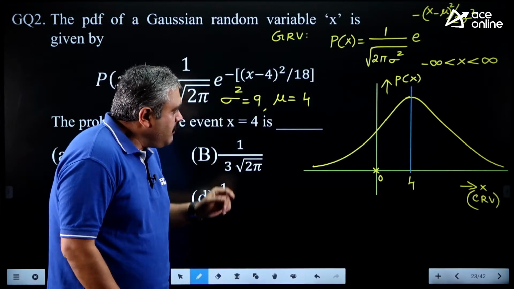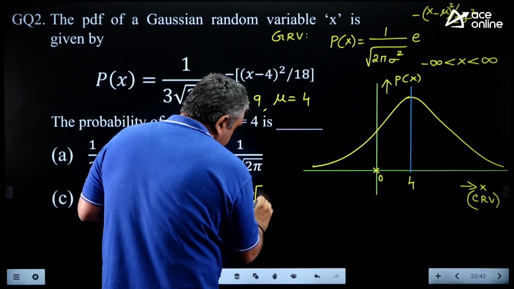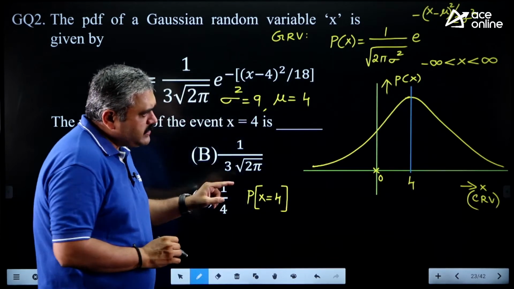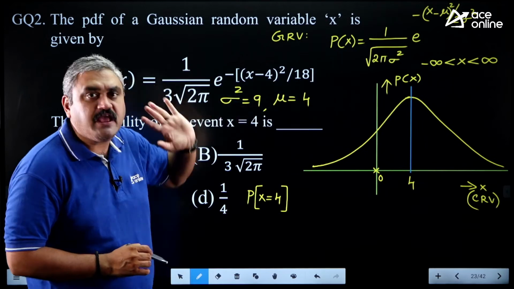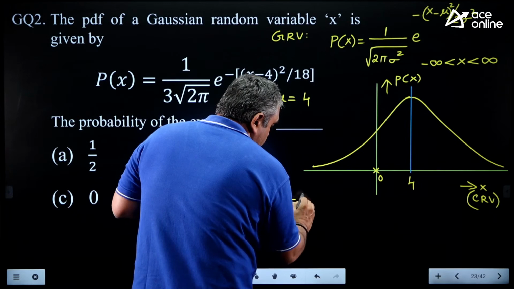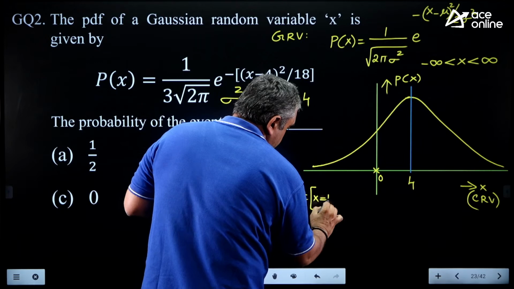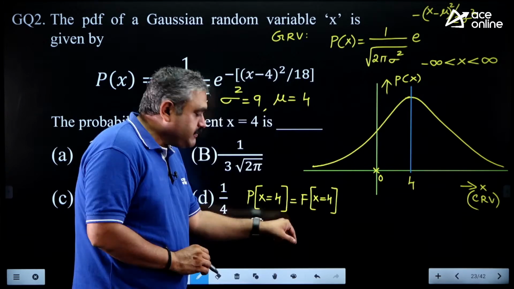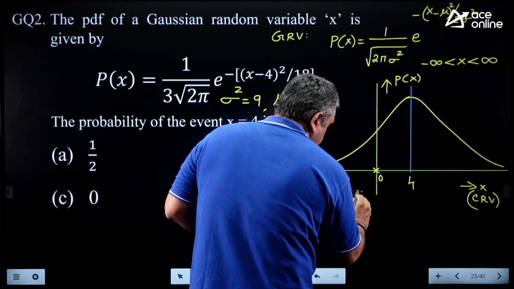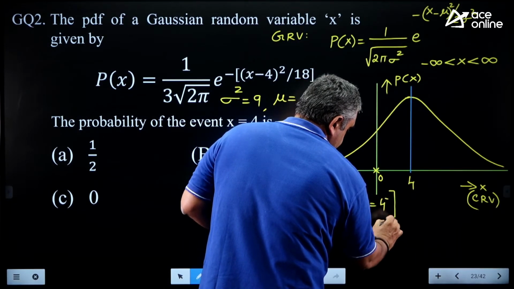Okay. Now, what is the question he is asking? Be very careful here. What is the probability of x taking a single value 4? Now, here you have to understand that the given random variable is representing a continuous random variable. That is very, very important. Now, we can write this as value of the distribution function at x equal to 4 means what? It includes the sum of all the probabilities from minus infinite to plus 4 minus value of the distribution function just before 4, means 4 minus.